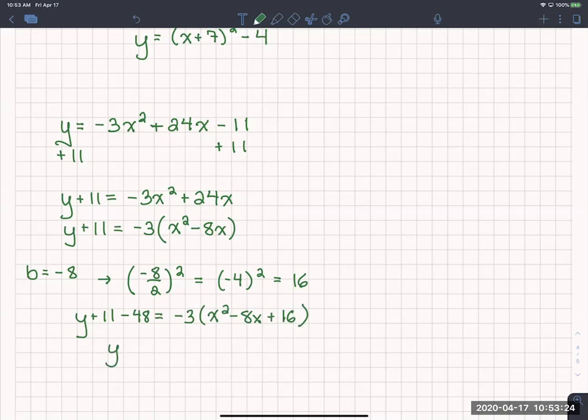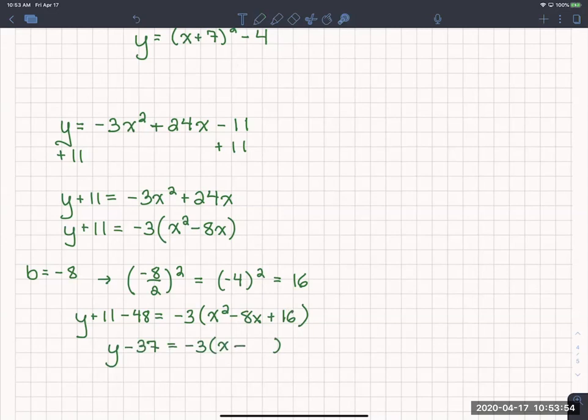So +11 minus 48 is -37. And on the right, we factor what's in the parentheses. So it is the square root of the first, which is x, plus or minus, but in this case it's minus, the square root of the last term.